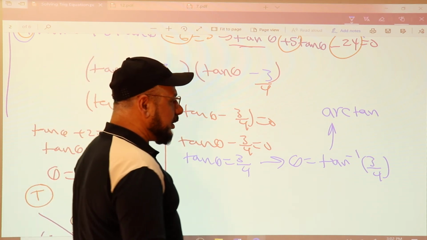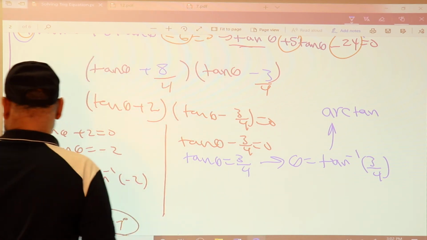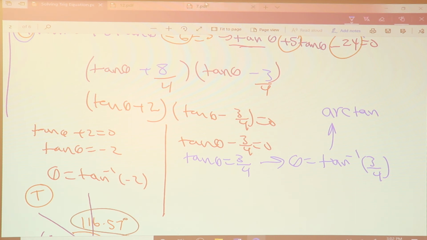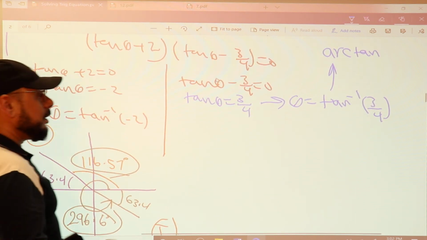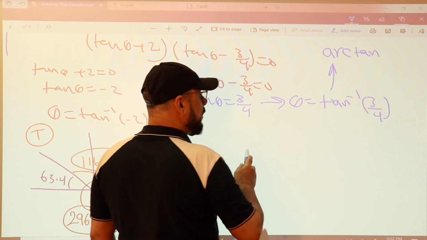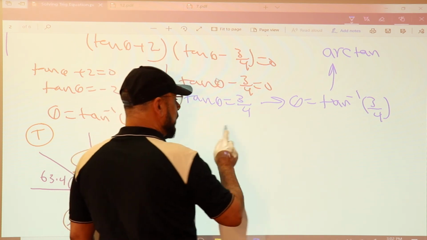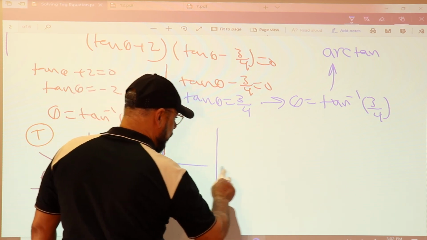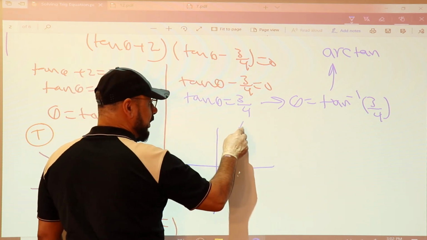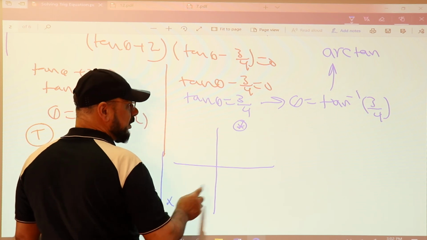This is not one of the famous angles, so I go to my calculator. The tan is positive in this quadrant and this quadrant.